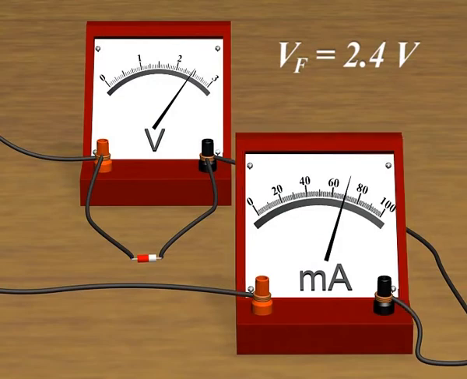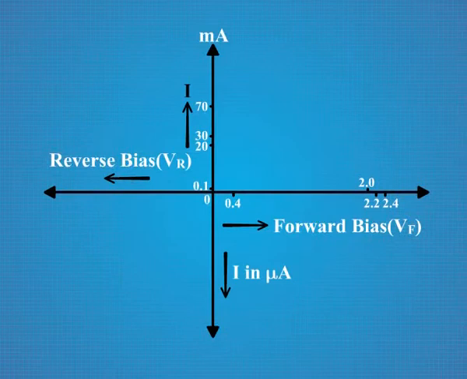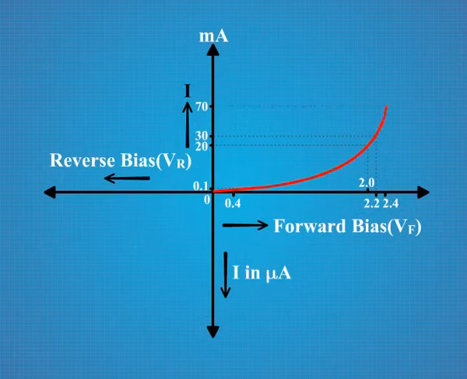This represents the forward breakdown stage. Draw a graph between V and I, taking V along the x-axis and I along the y-axis. The graph will be as shown here.